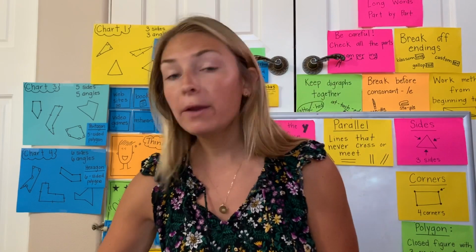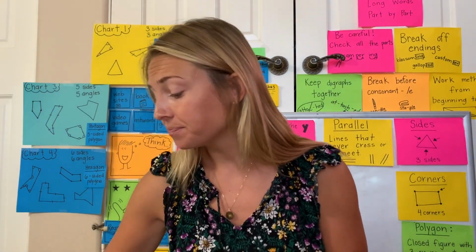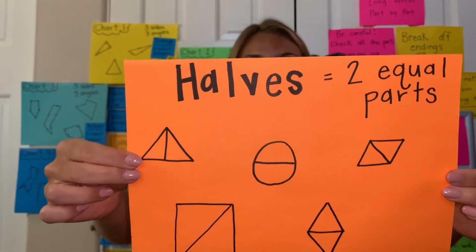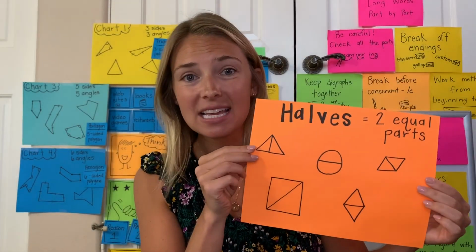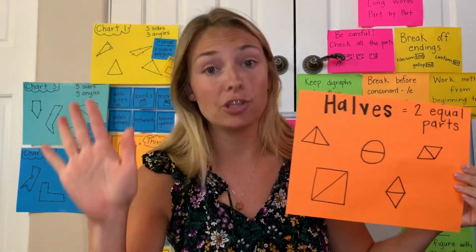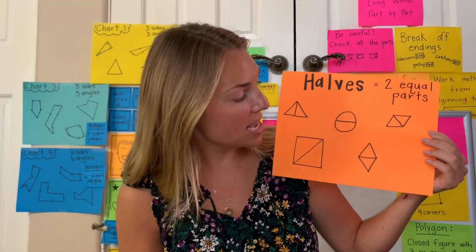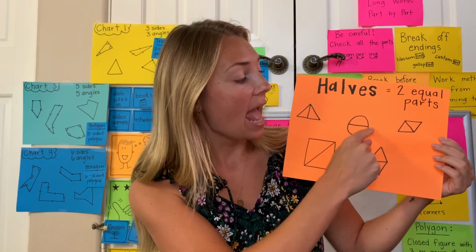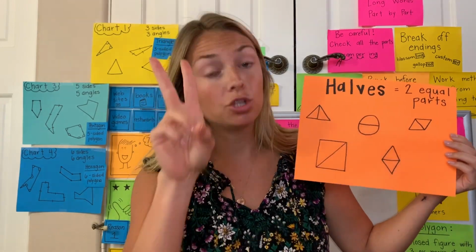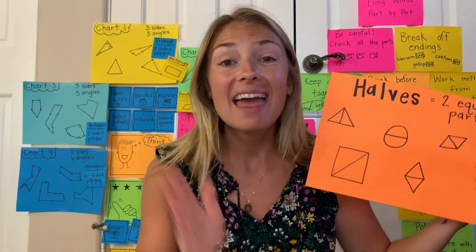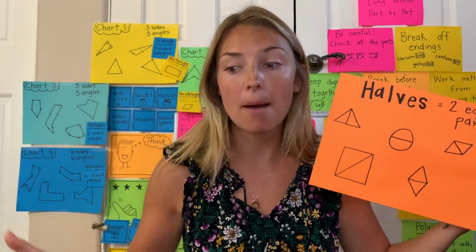Okay? When we talk about halves, we are talking about 2 equal parts. So as you can see, in all of these shapes, I tried my best to eyeball the half. That means if I were to cut this circle in half, 2 equal parts, and I would line them up on top of each other, they would be the same amount.